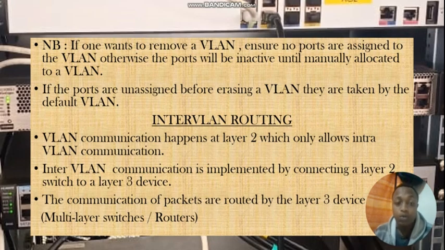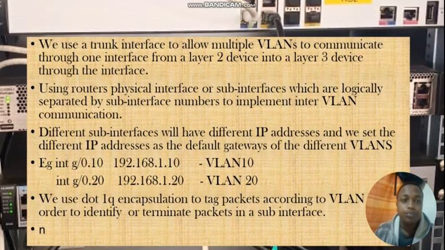or you could use a router. Now we use a trunk interface to allow multiple VLANs to communicate through one interface from the layer 2 device into a layer 3 device, and using the router's physical interface, or sub interfaces, which are logically separated by sub interface numbers, we implement inter-VLAN communication.